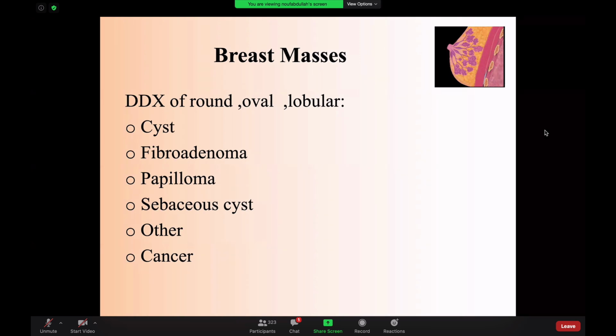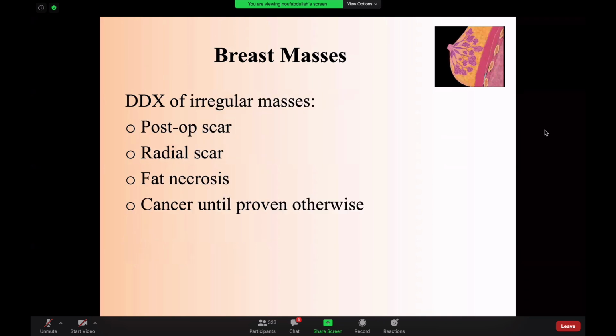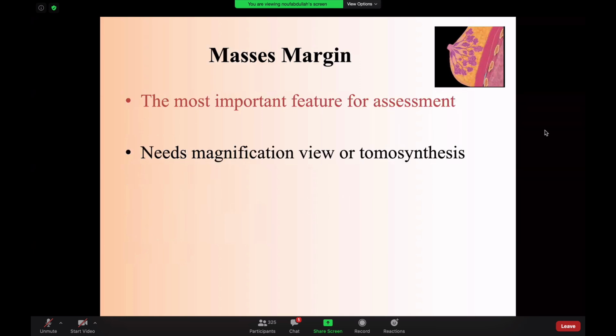However, keep in mind that cancer can present as a well-defined lesion. The differential diagnosis of irregular masses, the most common is cancer for sure, and then post-operative scar, radial scar, fat necrosis can present as irregular shaped lesion, and cancer, as we said. So this is something you always keep in mind, the differential for an irregular lesion.